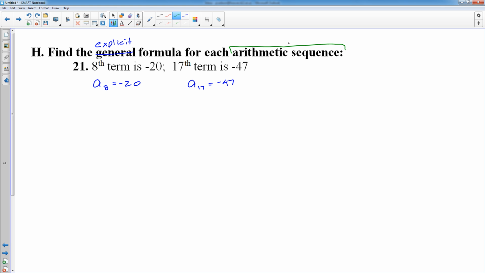The easiest way to think about an arithmetic sequence is that it can be written in slope-intercept form, where the slope is the common difference.